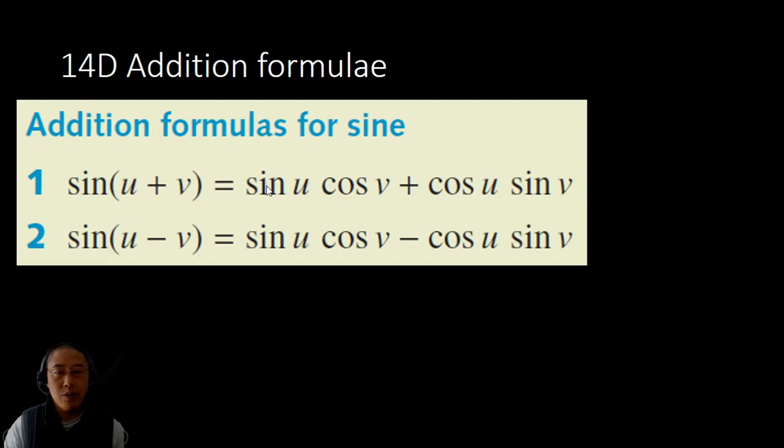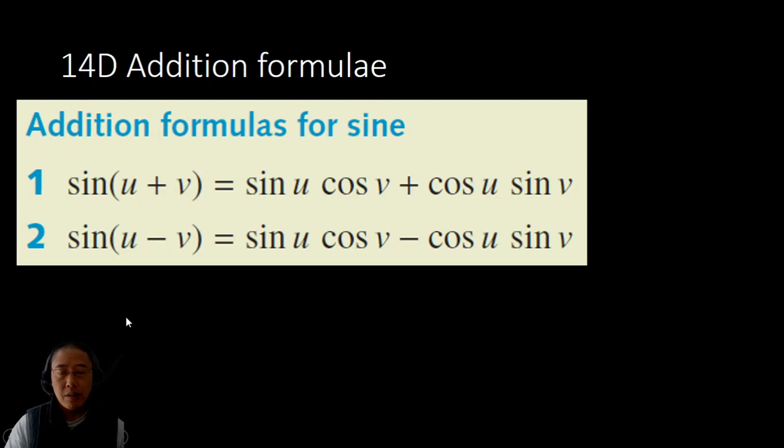Now it's a good idea to start remembering this formula in this order, sine cos first, because the second formula is when you have a negative v, it's the same order, but the second term, the one with cos then sine, has a negative operator. Again, those are formulas that you need to remember.